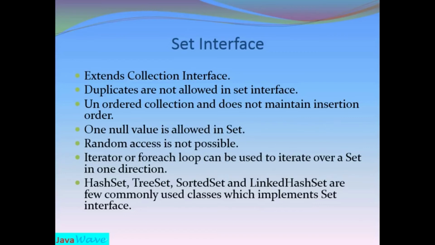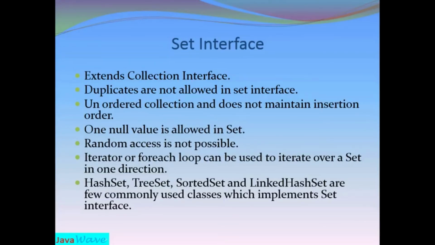Another interface is set interface, which extends collection interface. Duplicate objects are not allowed in set interface. While adding duplicate objects, it will not throw any exception, but it will not add them either. Set is an unordered collection and it does not maintain insertion order. Means the way objects are inserted is not necessarily the same way they can be fetched.